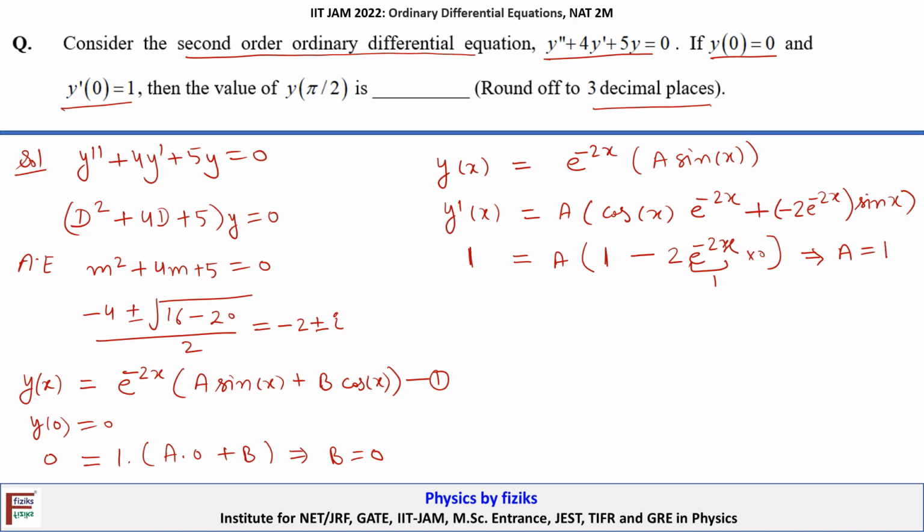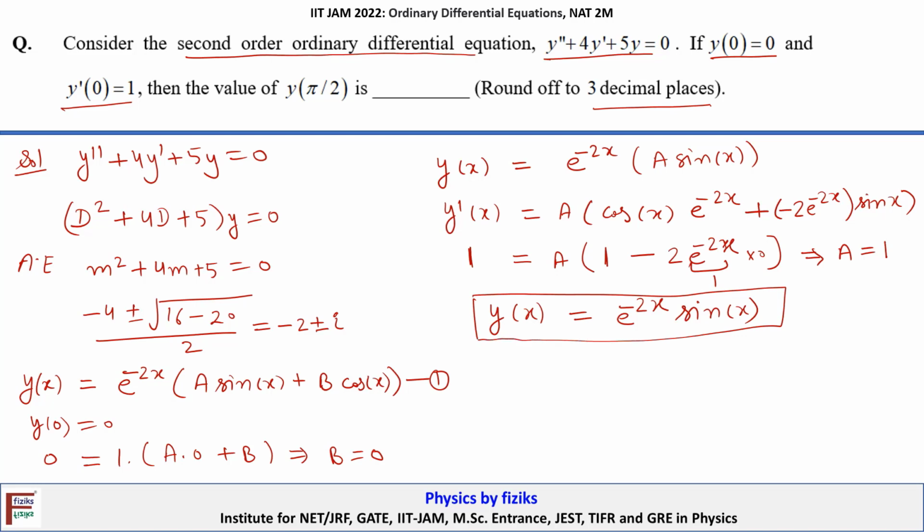Then the final solution, using the values of the arbitrary constants a and b, we can write as y as a function of x is equal to e to the power minus 2x, and the value of a is 1, therefore this becomes sin x. This is our final solution.